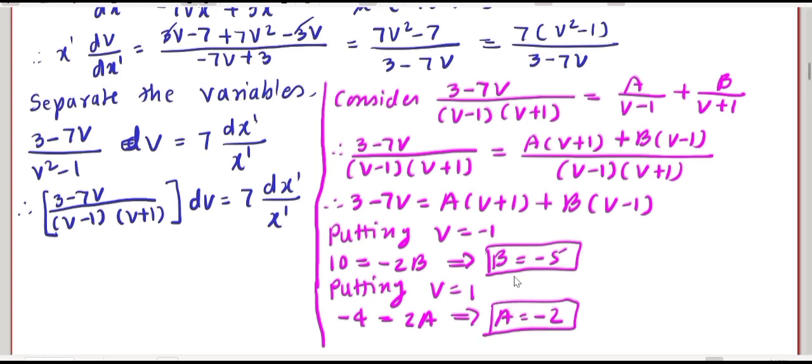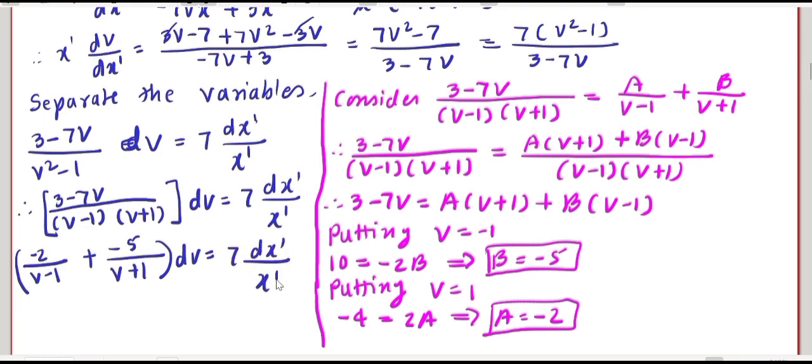So substituting this value here, we get this equation: (-2v - 1) + (-5)/(v + 1) dv is equal to 7 dx'/x'.